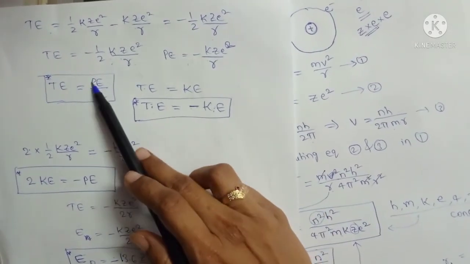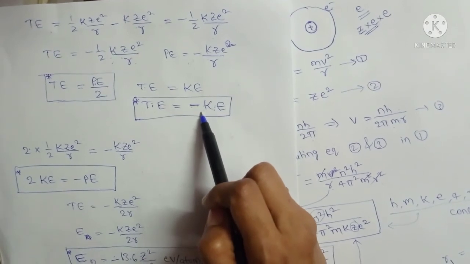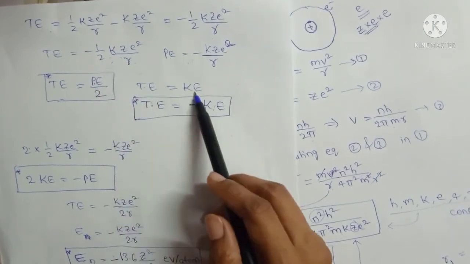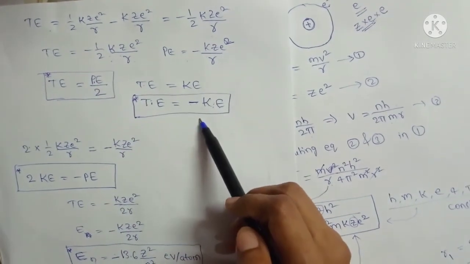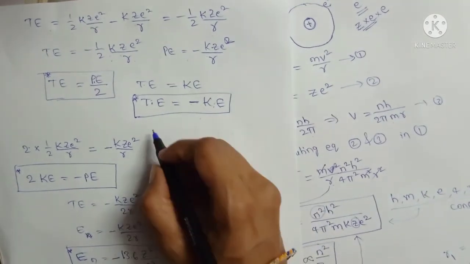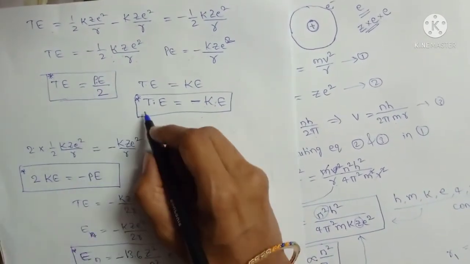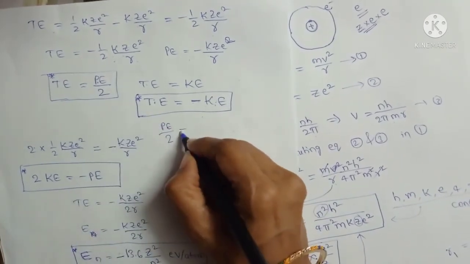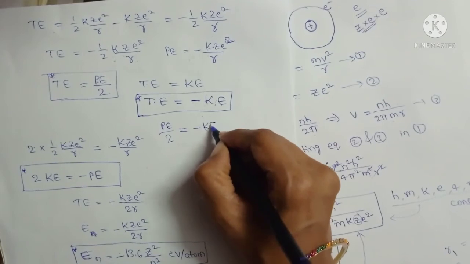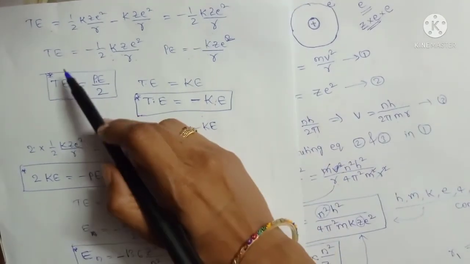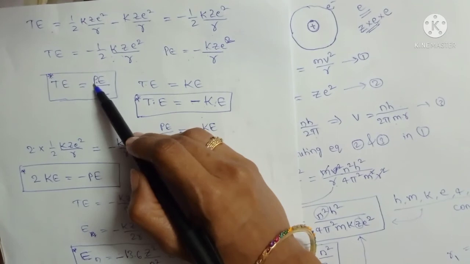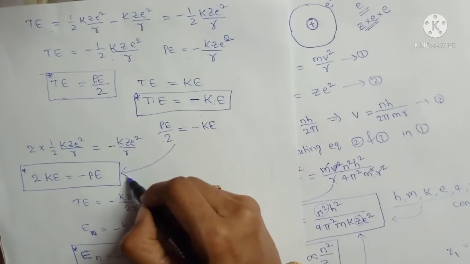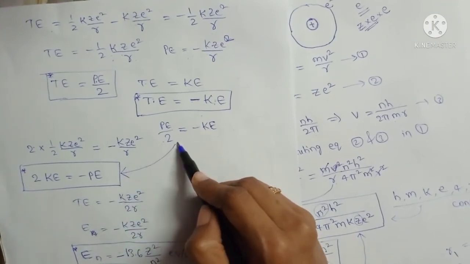And what is the relationship between potential energy and kinetic energy? We can equate both. PE by 2 equal to minus KE. Total energy equals PE by 2 and also equals minus KE. Hence the LHS is equal, so we can equate the RHS: PE by 2 equal to minus KE. From this equation we get the relation between potential energy and kinetic energy.